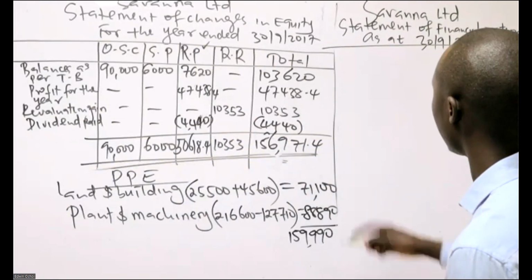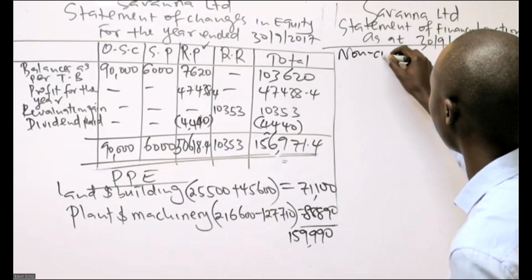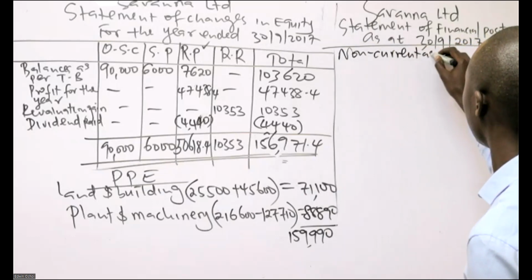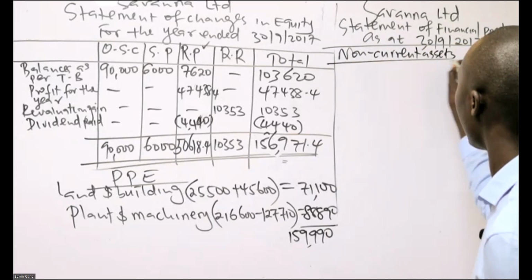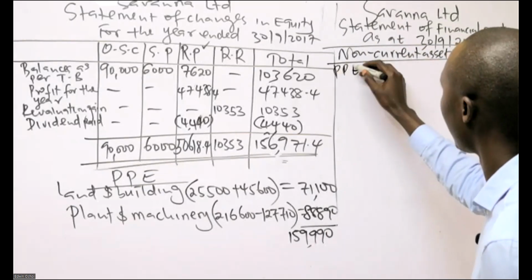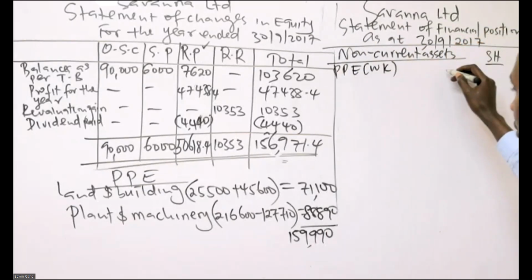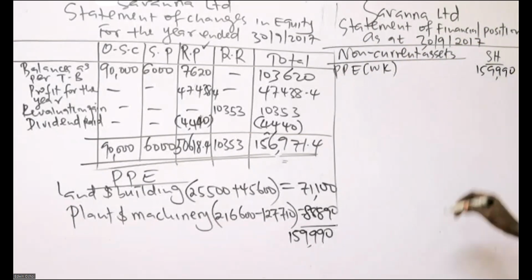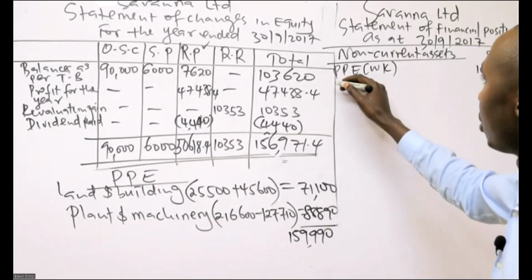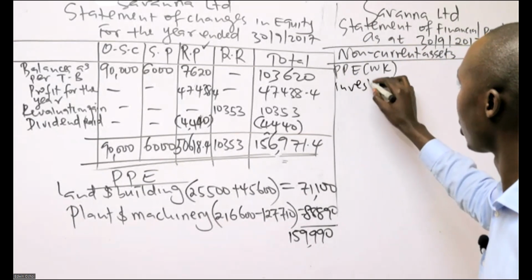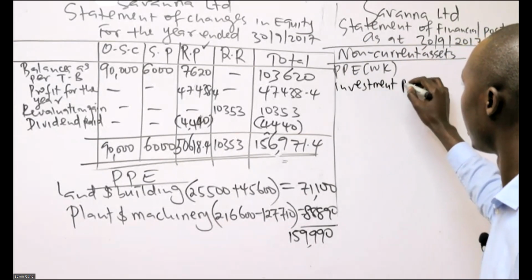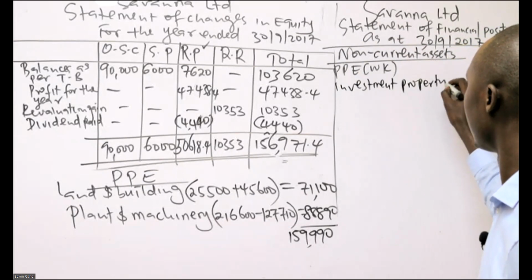So non-current assets. For the non-current assets, we have the PPE, which is based on working, 159,990. Before intangible, we'll talk about investment property.